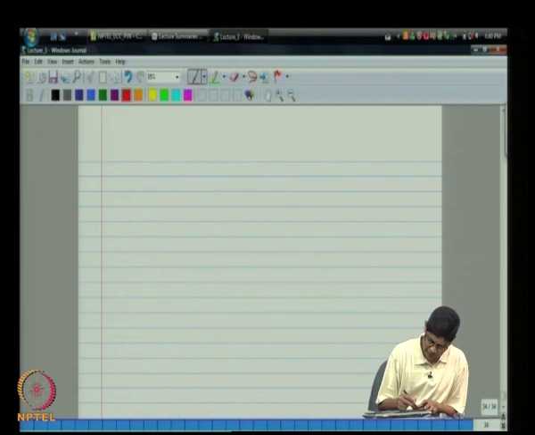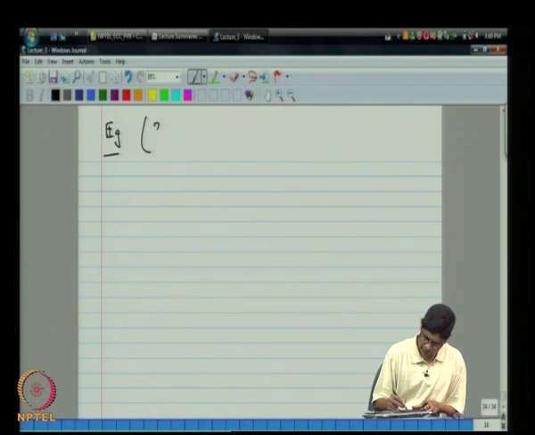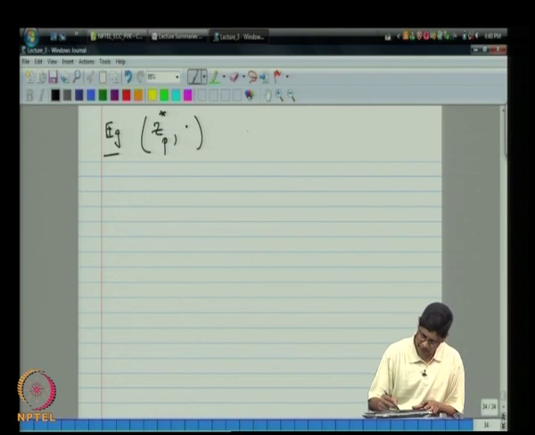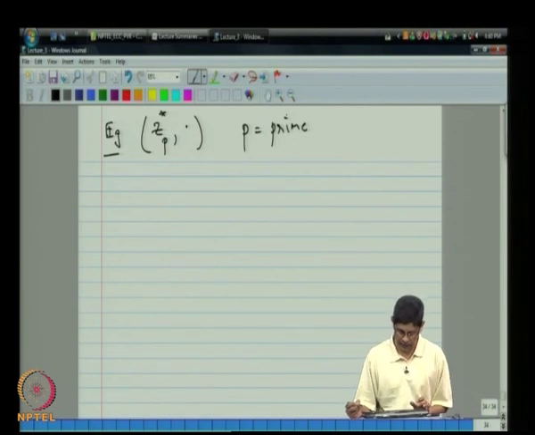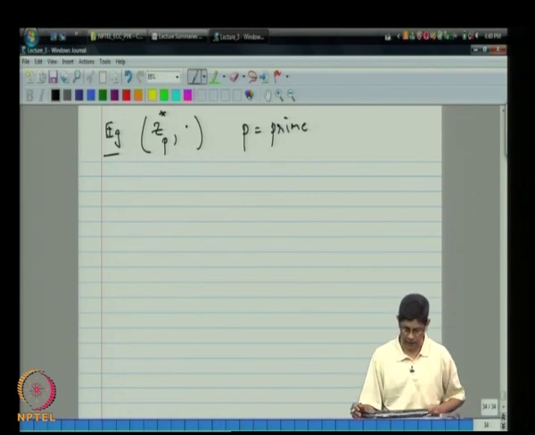So, we will look at a slightly refined example. Now we look at Z_p star under multiplication, where this time p is a prime. It is typical in algebra to reserve p or q to represent a prime. So in this case the integer n is replaced by a prime p.